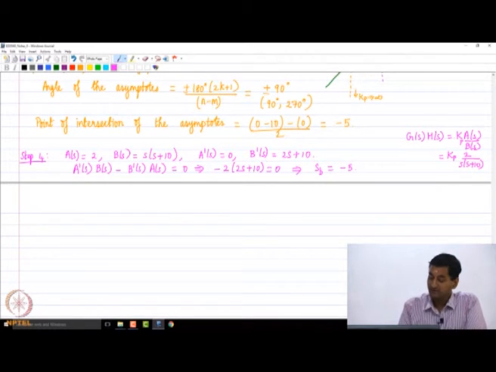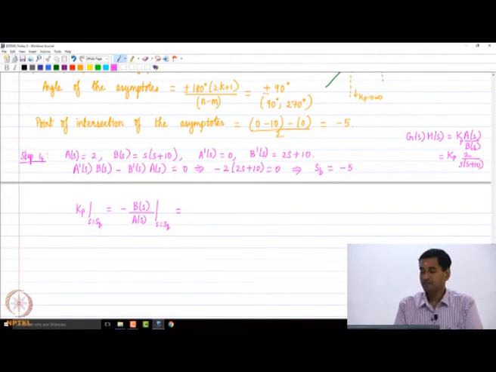We are not done yet, as I told you. We need to find the value of the parameter in the open loop transfer function. This is Kp here. So, the value of Kp at s = sb is going to be -b(s) divided by a(s), evaluated at s = sb. So, what is this going to be?